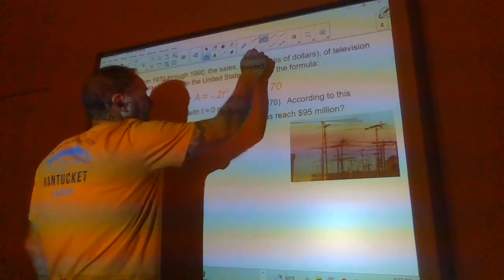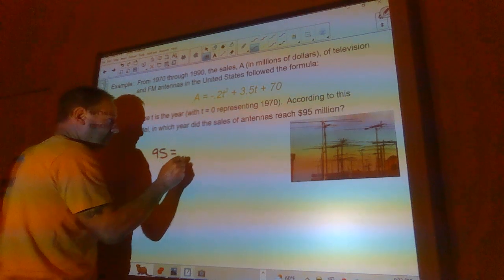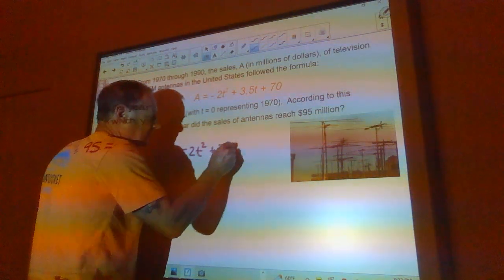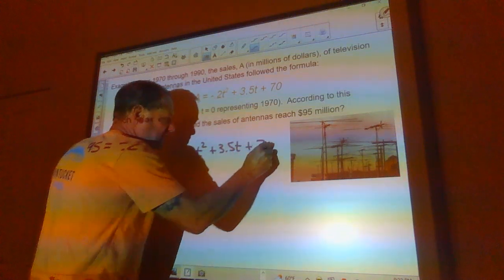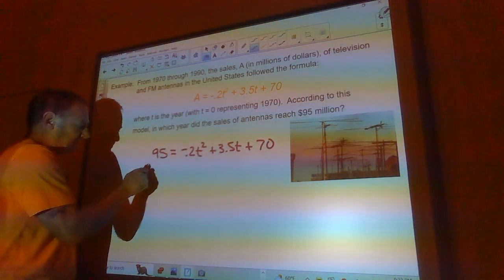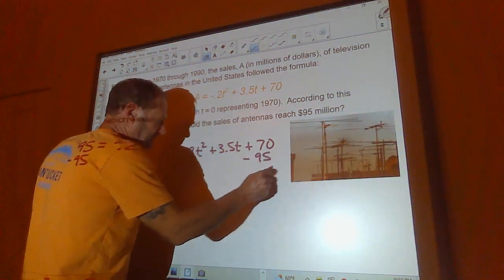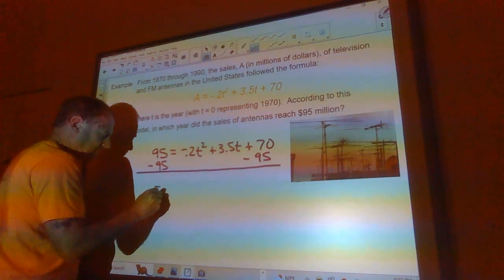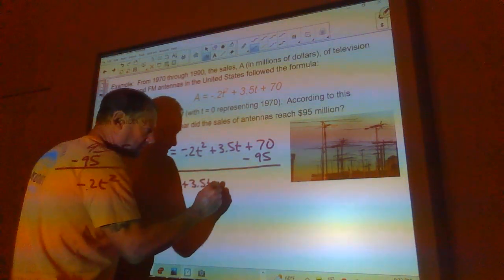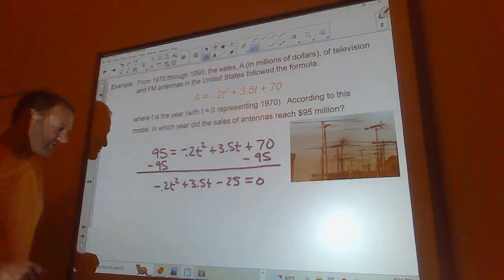We're going to take 95 and substitute it in here for A. Write out our equation, and now let's put it in standard form, so we'll move this over here. And we get this equation right here.